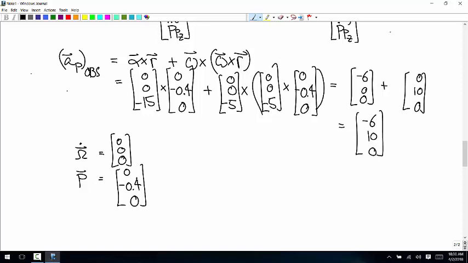Like with the velocity and the acceleration, I was careful to make a distinction between those, right? What about the position vector? It's both. And that's because there's no time derivatives needed to express that position vector. And so one is the same as the other one, whether you're talking about it in a rotating coordinate system or an inertial coordinate system.